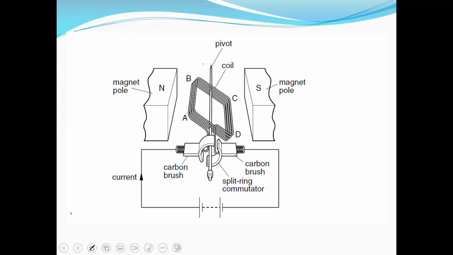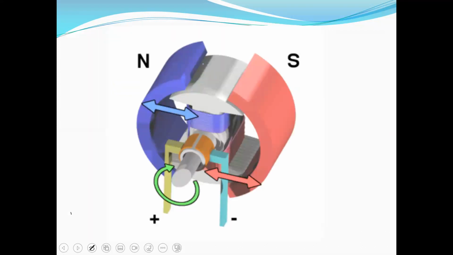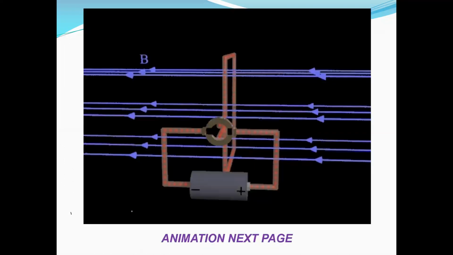So the concept comes here: a split ring commutator stops the current after every half cycle. Look at this. This is an iron ring and this golden color thing is the split ring. You have to look at this animation because this concept is very tricky.